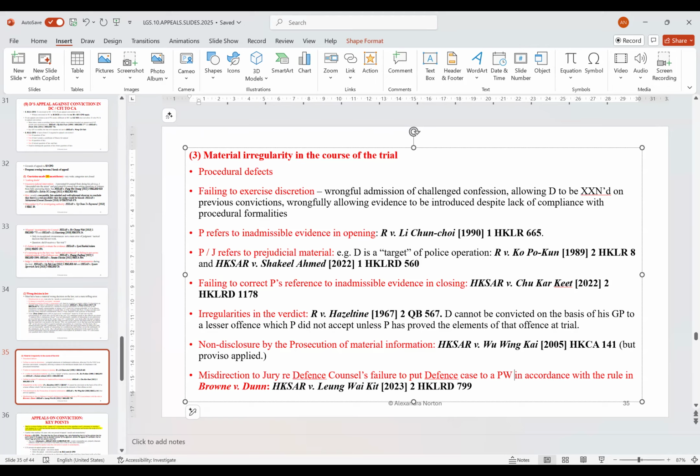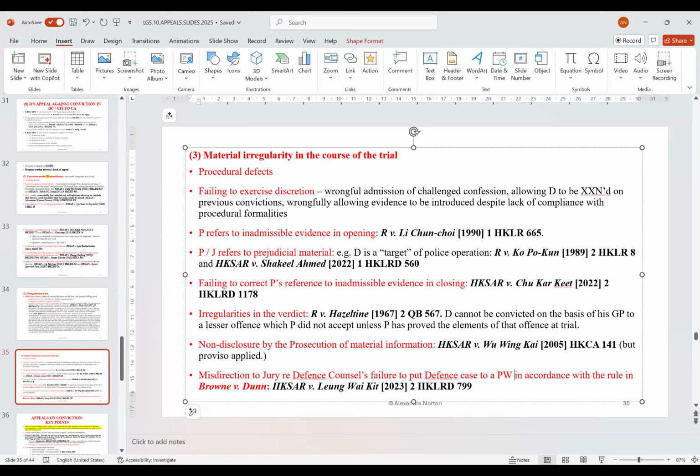So if your case is that the prosecution witness is lying, you must put to the witness in cross-examination that they are not telling the truth, and you must give them the opportunity to answer that allegation against them. If you don't, then under the rule in Brown and Dunn, you cannot argue that in your closing submissions.